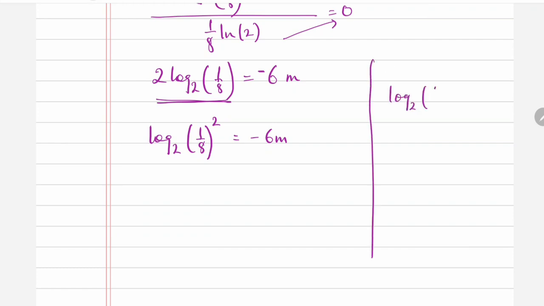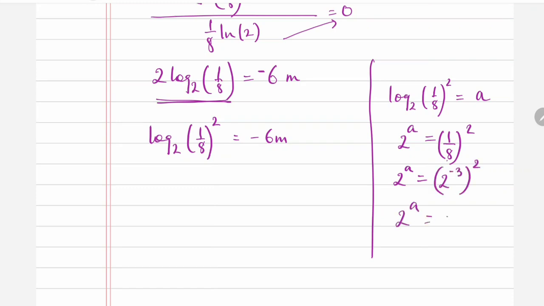If log base 2 of 1/8 squared equals any random number a, we will have 2 to the power of a equals 1/8 squared. 1/8 is 2 to the power of minus 3, so squared is 2 to the power of minus 6. So a equals minus 6. I think you should be able to do that in your calculators as well. That will give me minus 6 equals minus 6m, and gives us m equals 1.